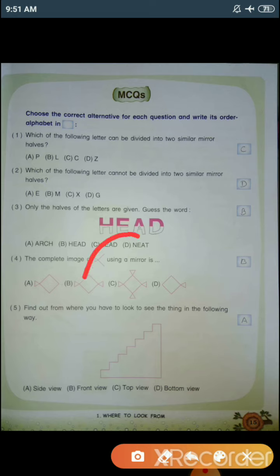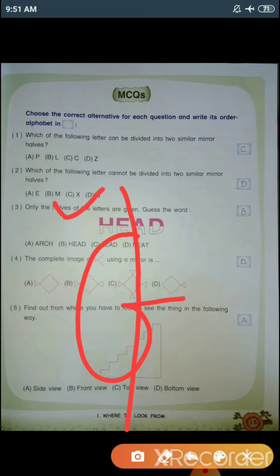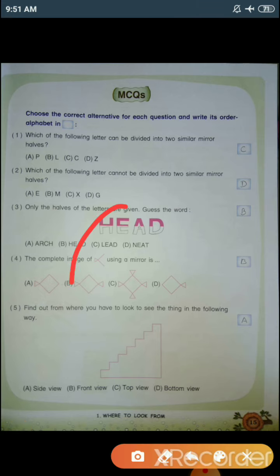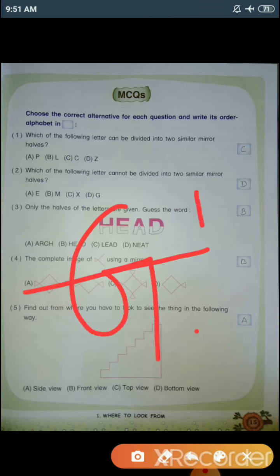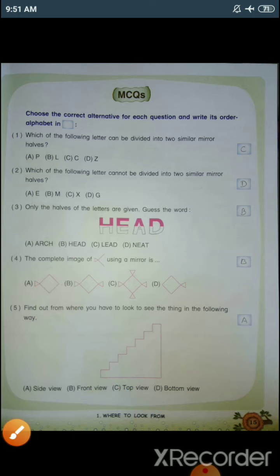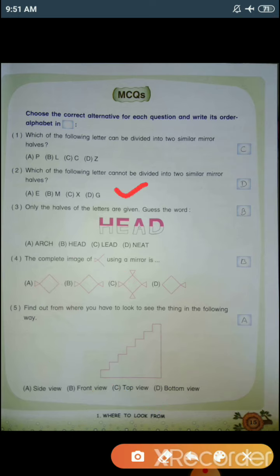Now the letter G. If we draw one vertical line, then both sides are not the same. If we draw a horizontal line, then too part 1 and part 2 do not show similarity. That means our answer is option D.